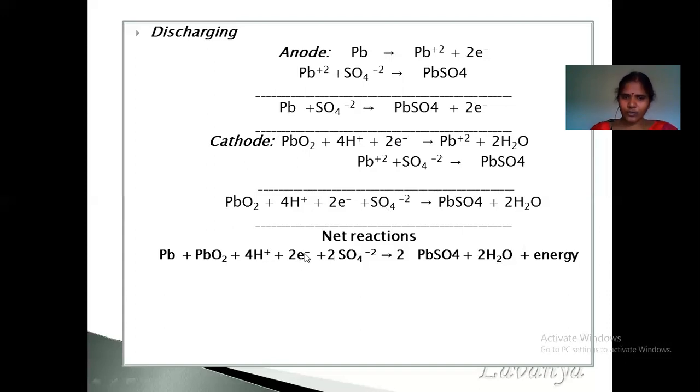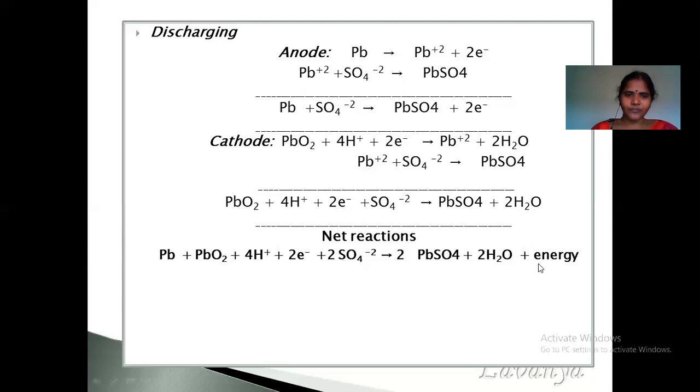Just ignore this, the 2 electrons will not be here. And it gives 2 moles of PbSO4 plus 2 moles of water plus energy. And the 4H+ and 2SO4 2- I can write as 2H2SO4, which means anode, cathode and electrolyte react and produce 2 moles of lead sulfate plus water plus energy. This is the discharging reaction.